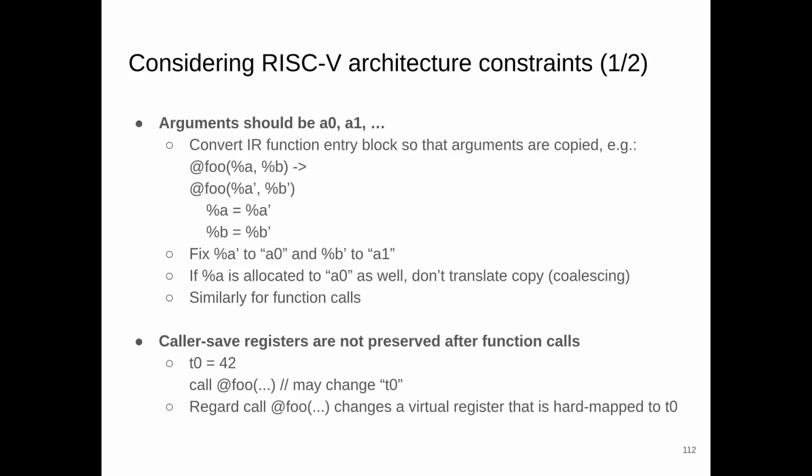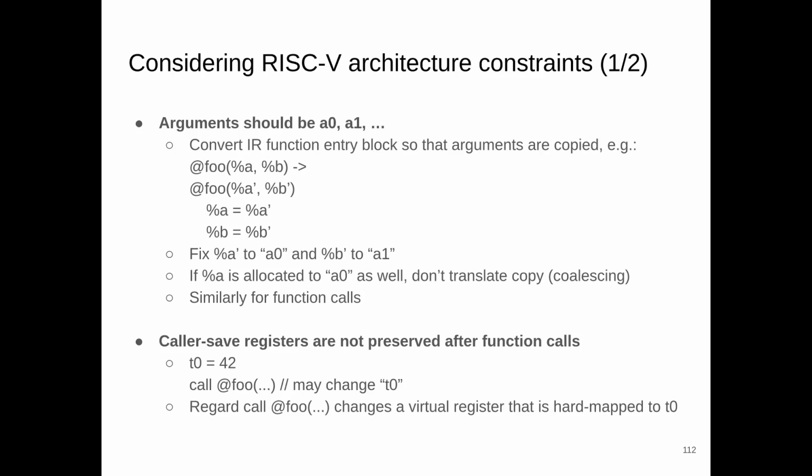So that is basically the idea for translating a function entry block and function calls, so that these architectural constraints are taken into account in the register allocation. Okay, so far so good.